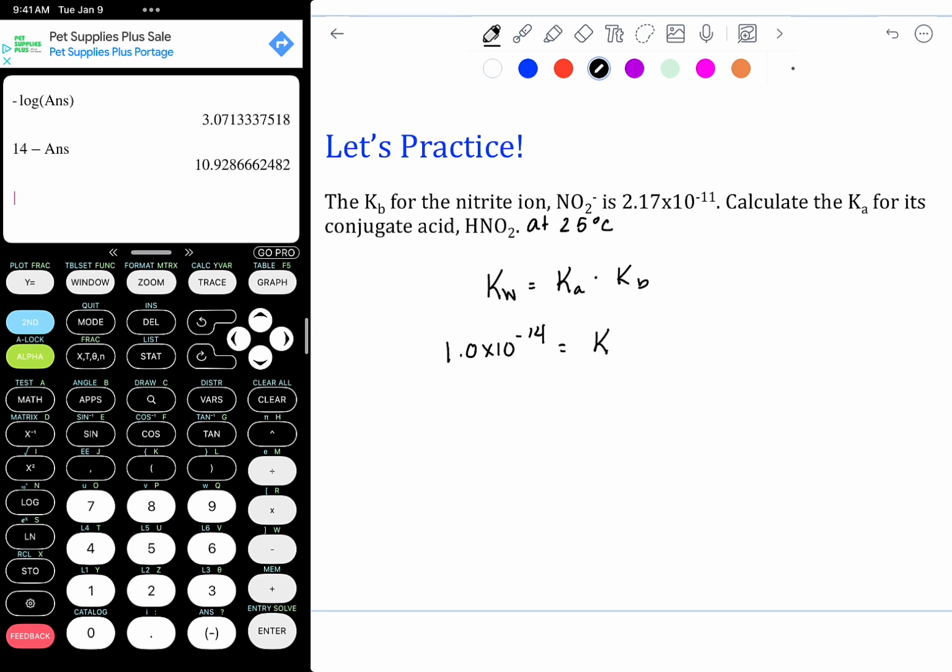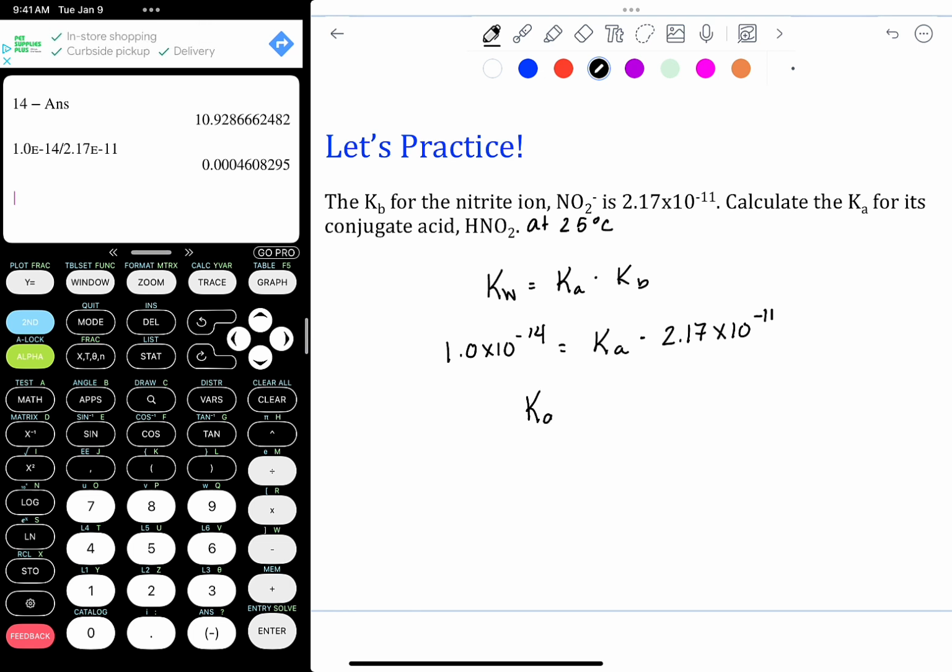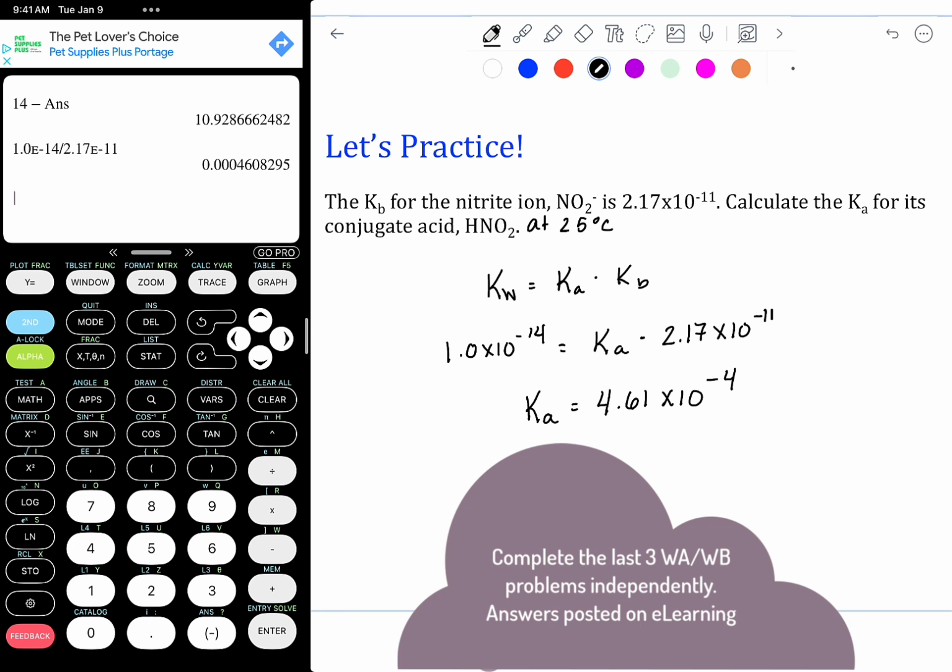We're looking for Ka, and we know Kb is 2.17 times 10 to the minus 11. So we take Kw and divide it by Kb, and we get that the Ka is equal to 4.61 times 10 to the minus 4. And that's how we can use our relationship between Ka, Kb and Kw to find our unknown value of Ka.